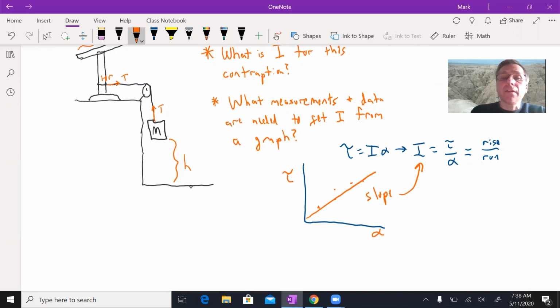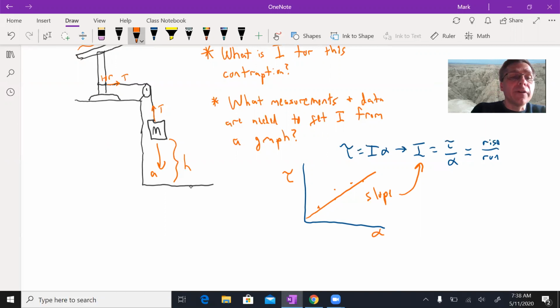First things first, the main thing we can measure is the height and time, how long it takes for that thing to fall. So what's the linear acceleration of the hanging mass?